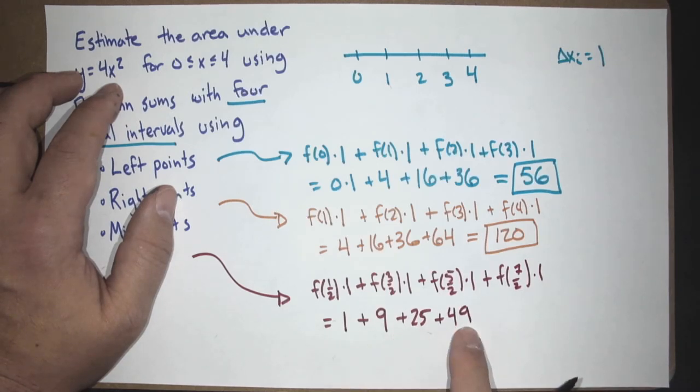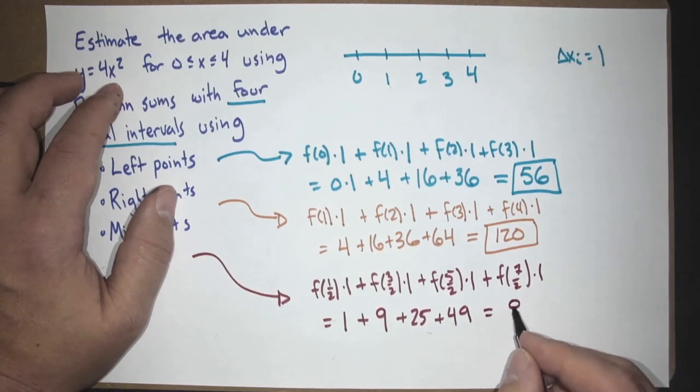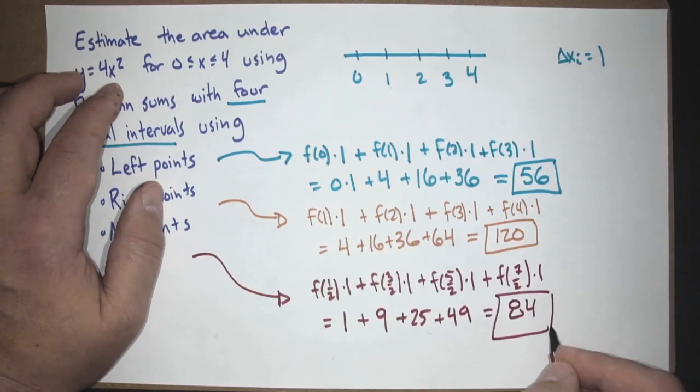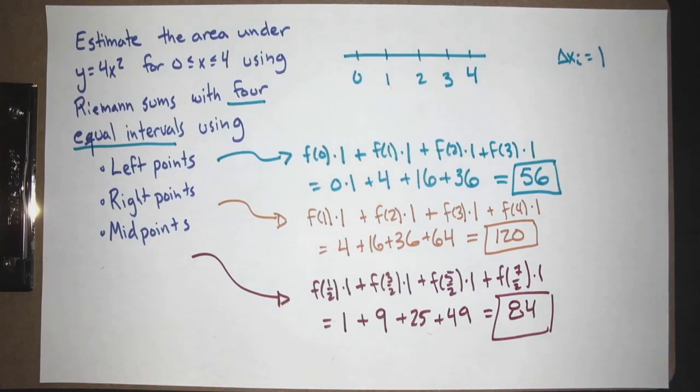Now, 1 plus 49 is 50, plus 25 makes 75, plus 9 makes 84. And there we go. So that's the idea.